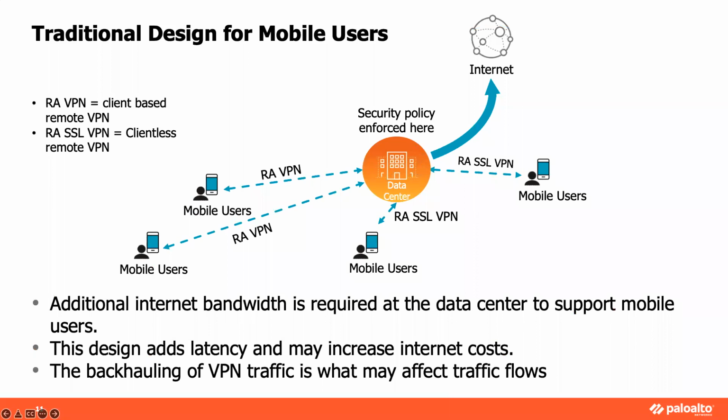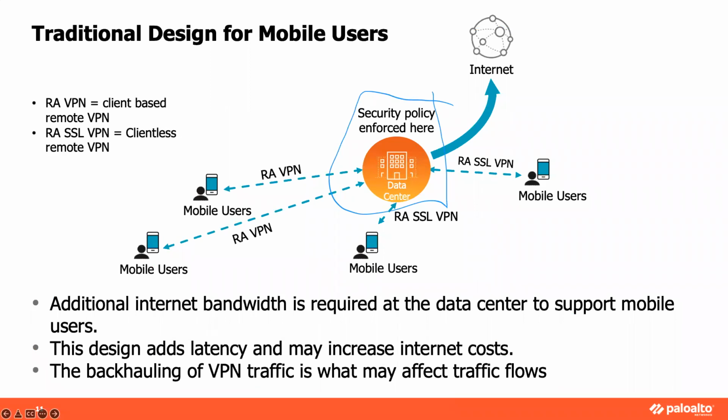And during this rapid scale up of mobile users during the pandemic, the big issue was that all of these enterprises had to scale up and buy a whole bunch of new equipment, buy huge new internet links to scale up to support all these mobile users.